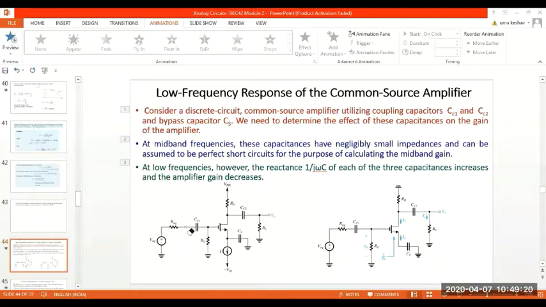XC, the capacitive reactance, is 1 by 2 pi FC. If F is small, the reactance is high. So the capacitor cannot be replaced with a short circuit, meaning it has to be considered. At low frequency of operation, all these capacitors will have to be considered and they will affect the gain of the amplifier.